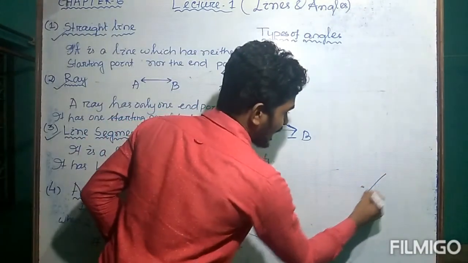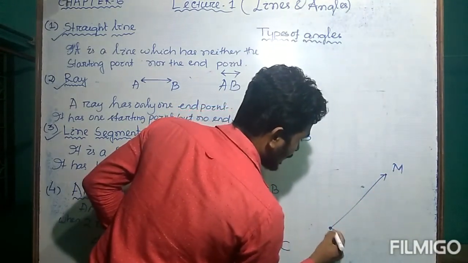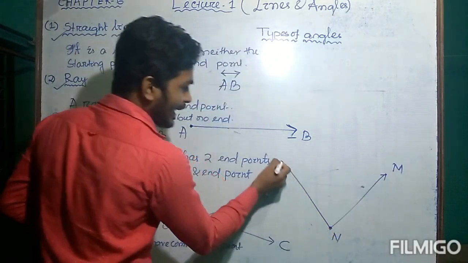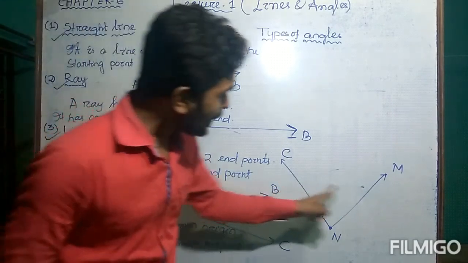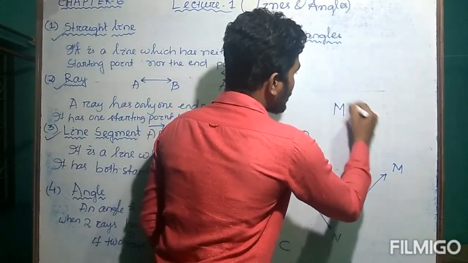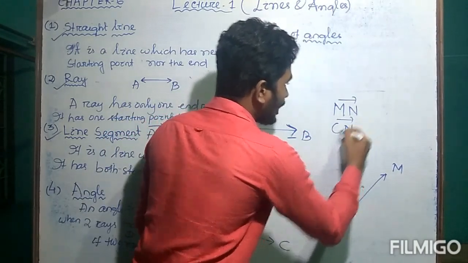Suppose this is a ray MN. Okay, let me draw another ray NC. Then how many rays are there? Two rays. One is MN and the other is CN. Right?